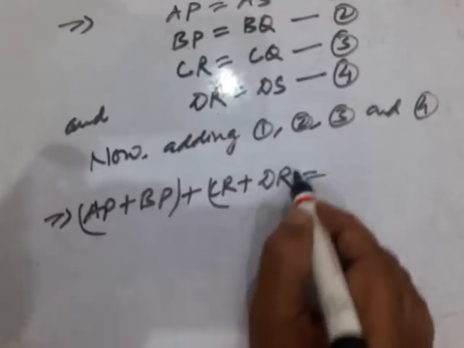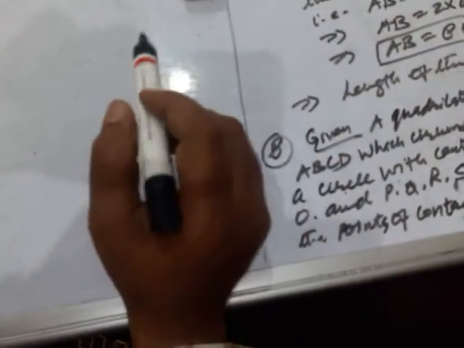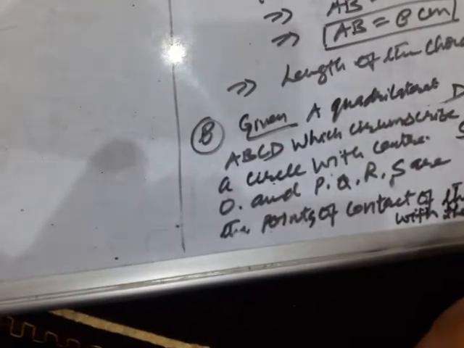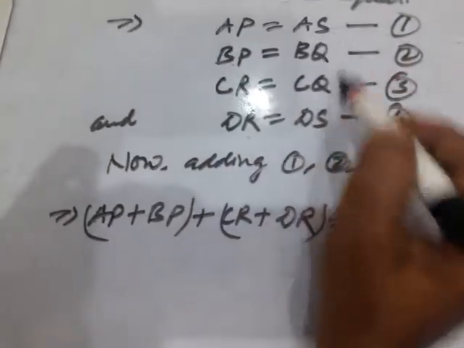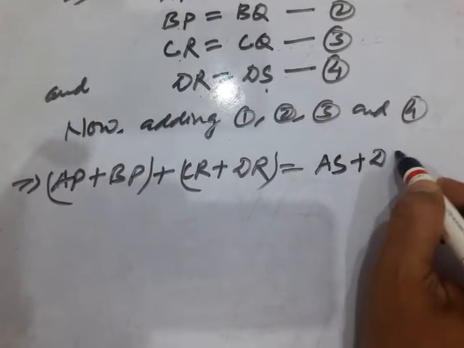Put them together actually. CR plus DR, write them in proper order so that we can add them directly and the question will not be longer. AS and DS will make AD, so we are writing AS and DS together, AS plus DS.